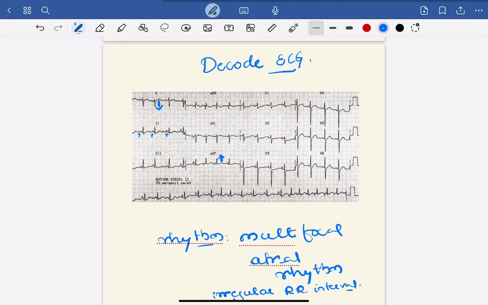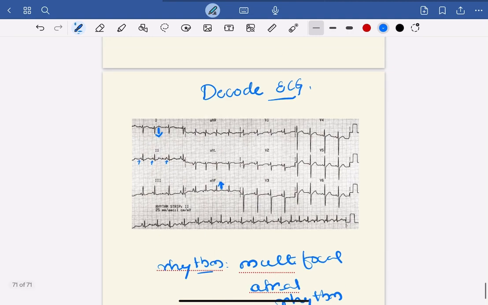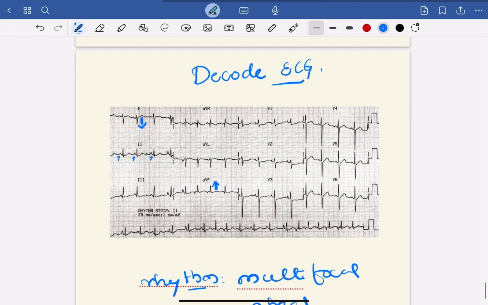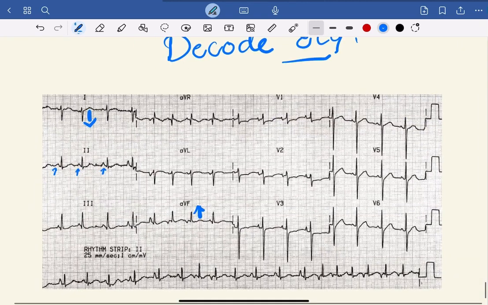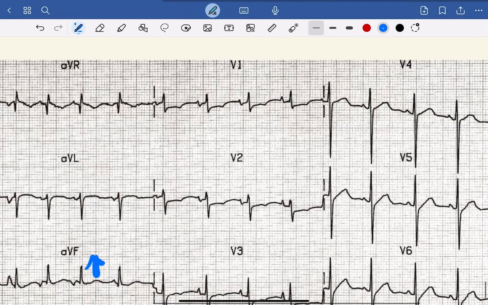Next, after calculating the axis, you have to see waves. Whenever you get RAD, you have to always look for RVH, whether RVH is there or not. For that, you have to see R wave in V1 and S wave in V6. See, this is V1, this is the R wave. How much in mm?